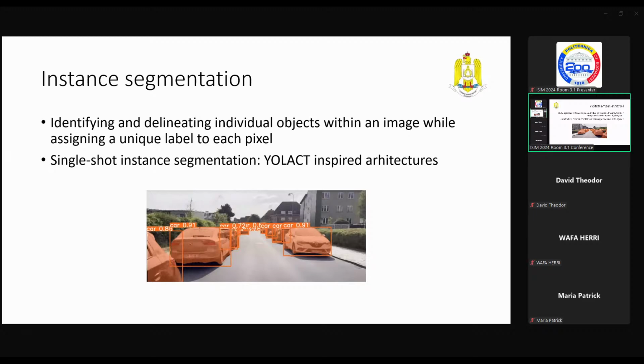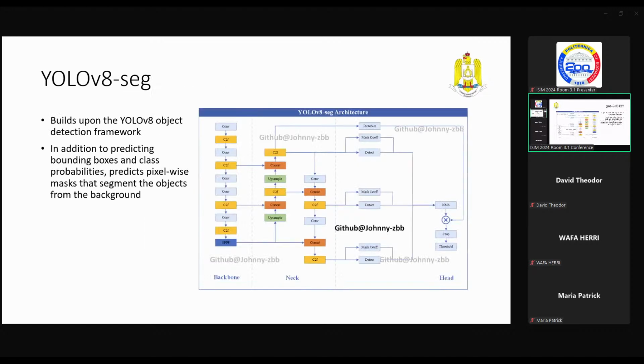YOLO is a well-known architecture that many segmentation frameworks are inspired by. It's built upon the default You Only Look Once detection framework.